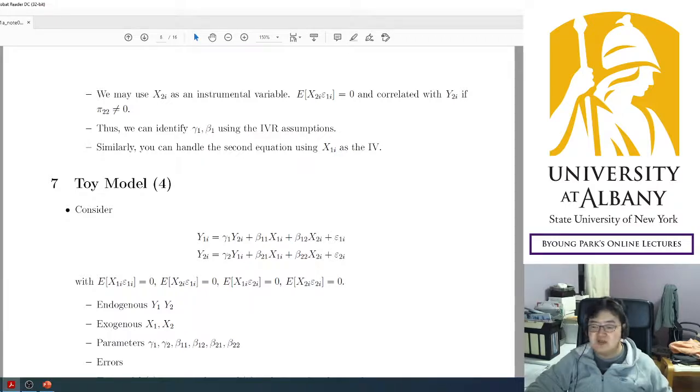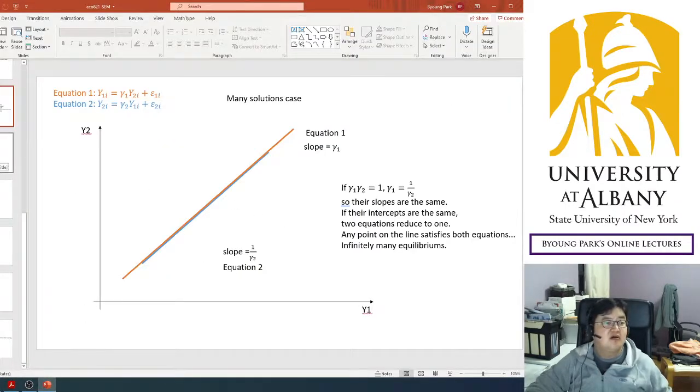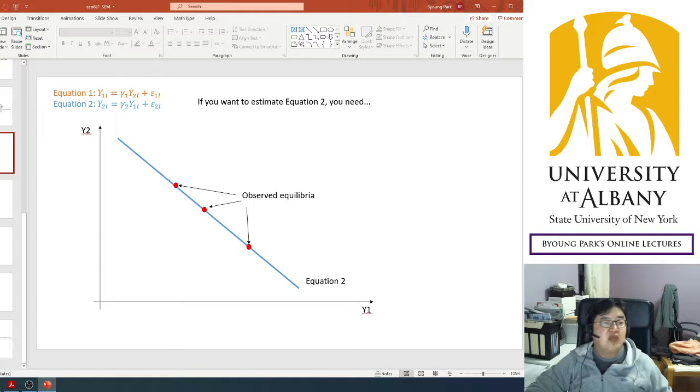let me use the graph again. What I explained is this. We would like to identify equation 2. Then you have to observe something like this. How can we do this?